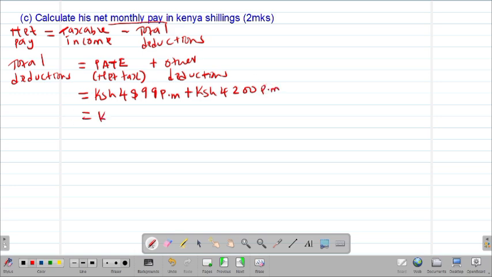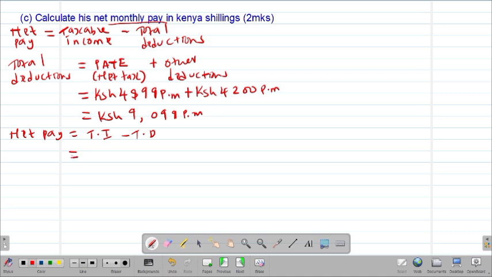So the total deductions will be 48.99 plus 4,200. Your calculator will give you 9,099 shillings per month. Therefore, to get the net pay, it will be equal to the taxable income minus the total deductions.